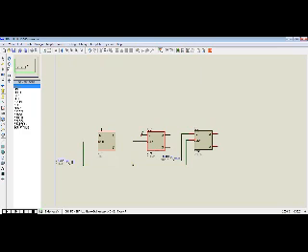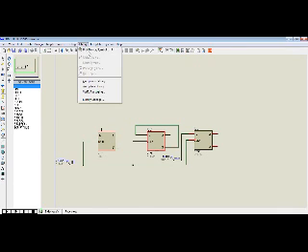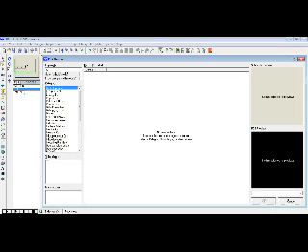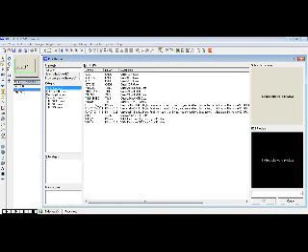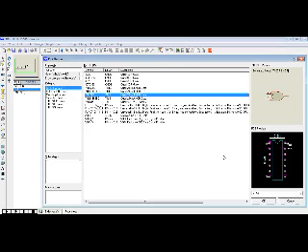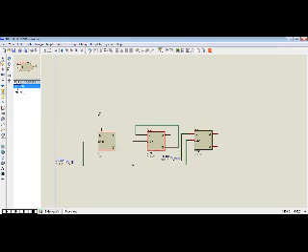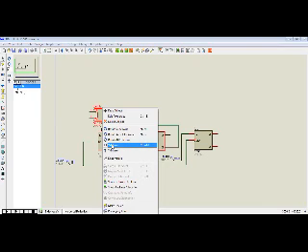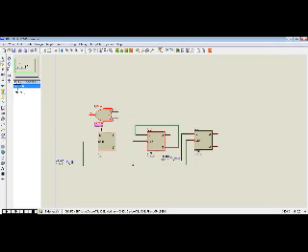Next, for DB, the input is QB bar. So I tap the inverted output of that flip-flop and feed it as my D input. Then I need an XOR gate, a 2-input XOR gate, whose inputs are QA and QB.